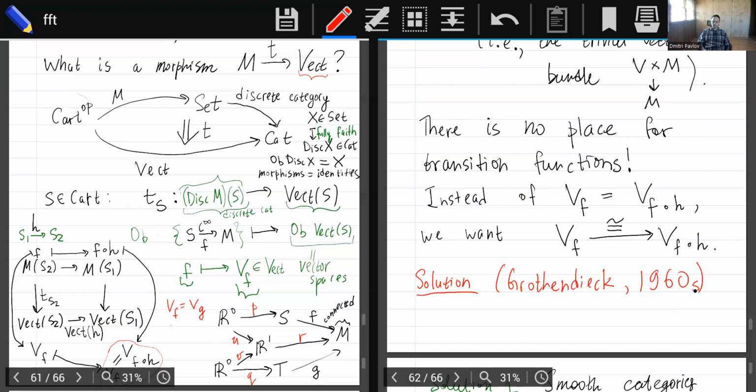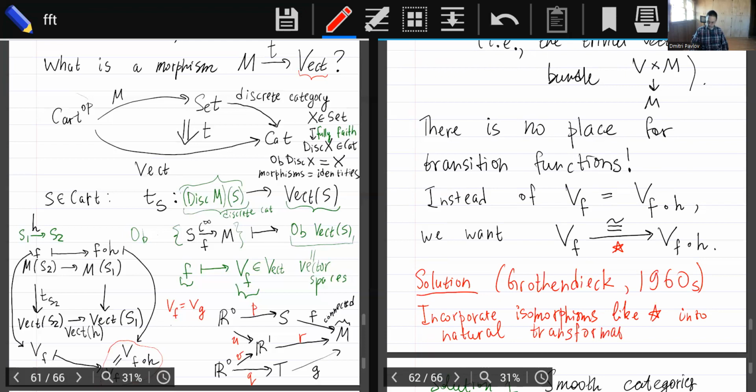And the solution basically is that you modify the notion of a map or natural transformation to allow for such isomorphisms, which gives rise to what is called stacks.